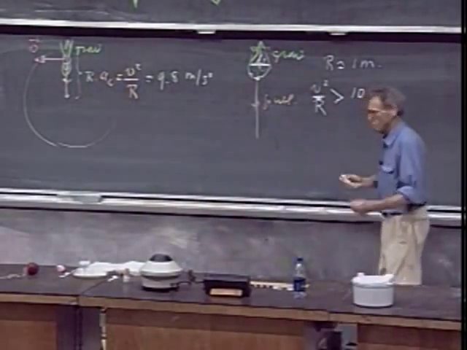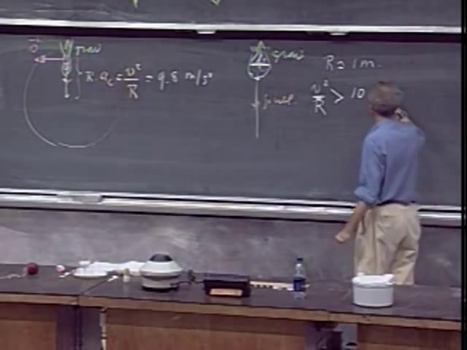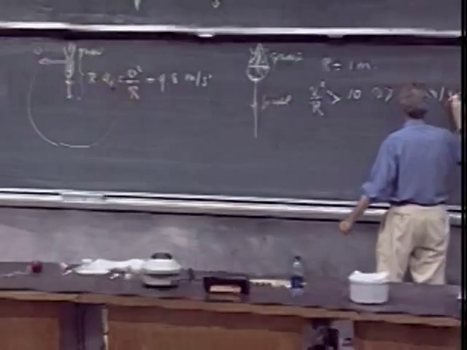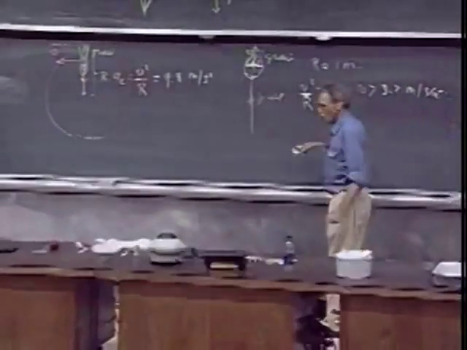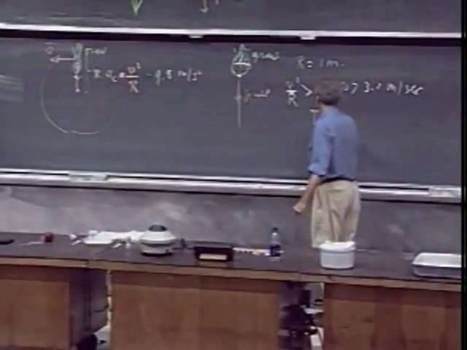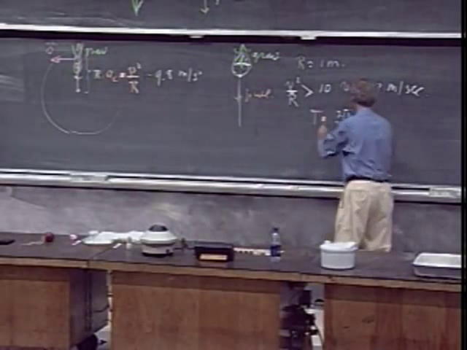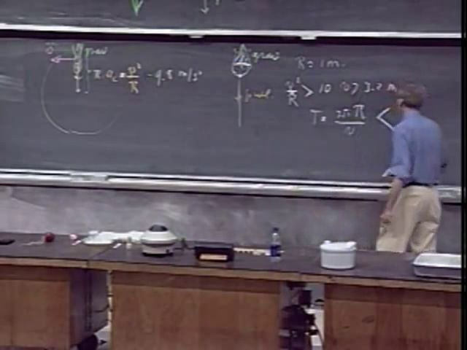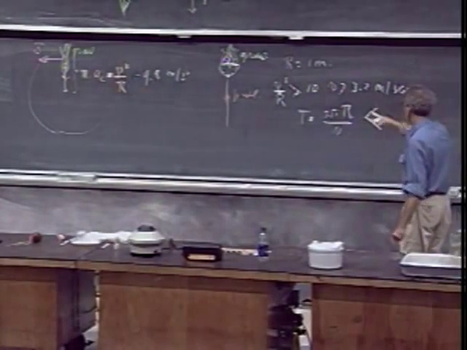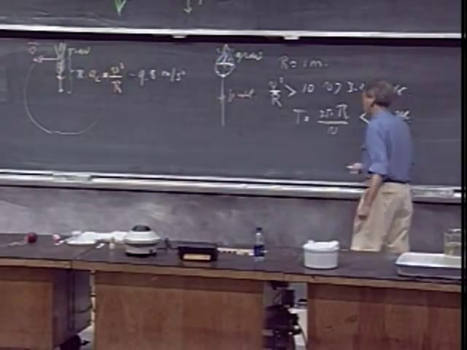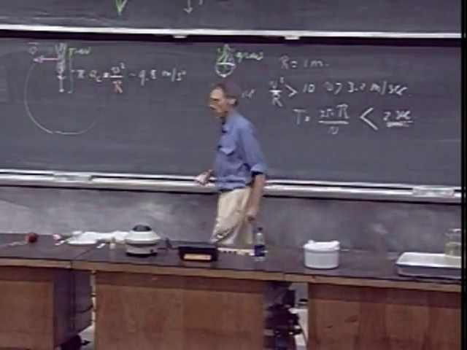Let's just call it 10. So that means v has to be larger than about 3.2 meters per second. The time to go around is 2 pi r divided by this velocity. So this time to go around then has to be less than 2 seconds. So if I swing this around in less than 2 seconds, I would be okay.